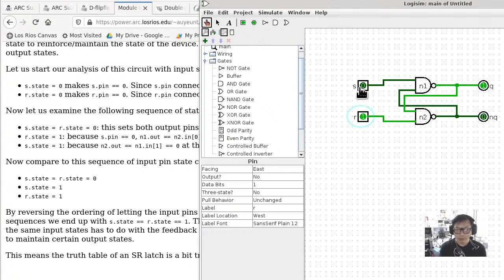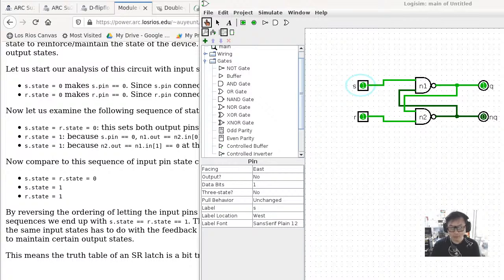So now we'll go ahead and give it a click like that, and we can see that the circuit remains unchanged. So do we have any questions about this circuit at this point? How we started off with both zeros as input pins. We first switch R to a 0, and then we switch S from a 0 to a 1, in that particular sequence.